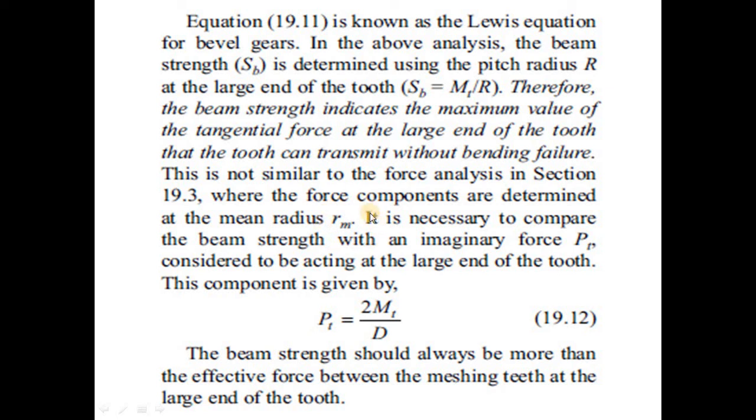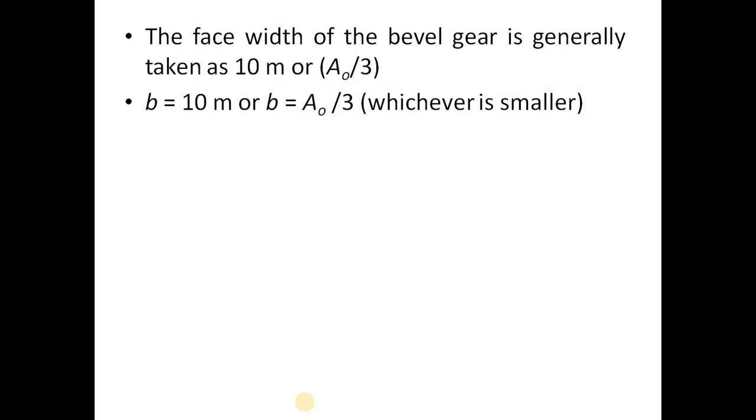You can check the Rm value and consider the pitch circle radius at the larger end, and finally use that equation. The final conclusion for the gear is that the beam strength should always be more than the effective force between the meshing teeth at the larger end of the tooth. This is true for all bevel gears. This is the beam strength.